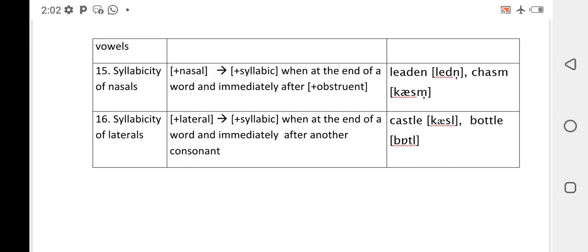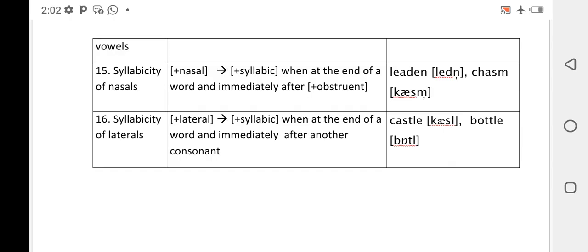Okay, so we have laden, chasm. Laden and chasm. So the symbol on the n and m in the transcription of laden and chasm is the syllabic marker.